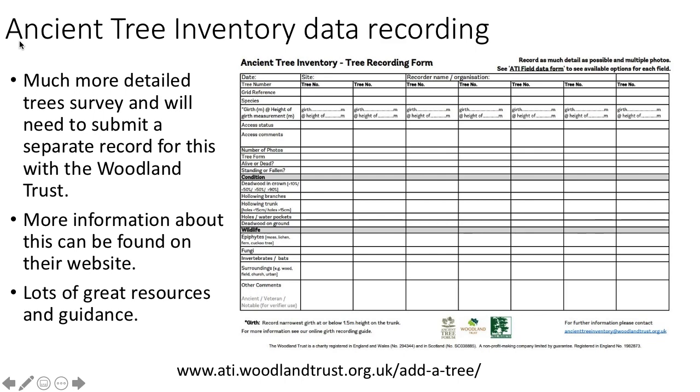So fungi, bats, all those kind of things. I'm not asking you to provide that detail for the ancient woodland surveys, but equally, if you're there and you see a tree and you would like to record it and put it on the map, I thought I would just put a slide in here to let you know that that is also a possibility.